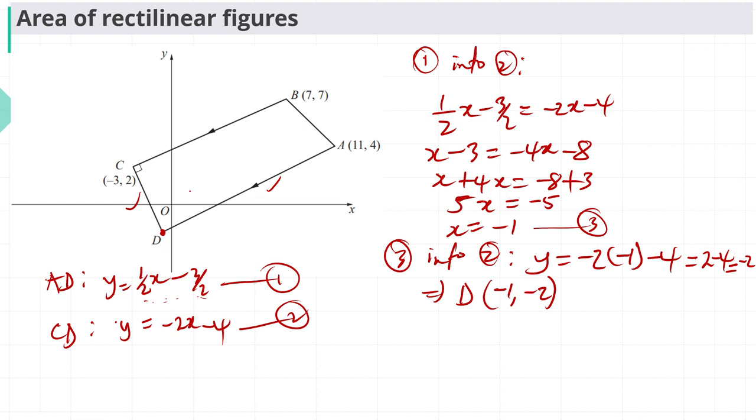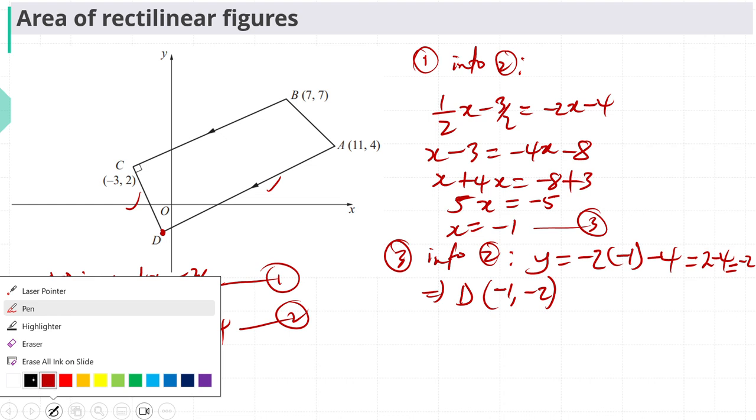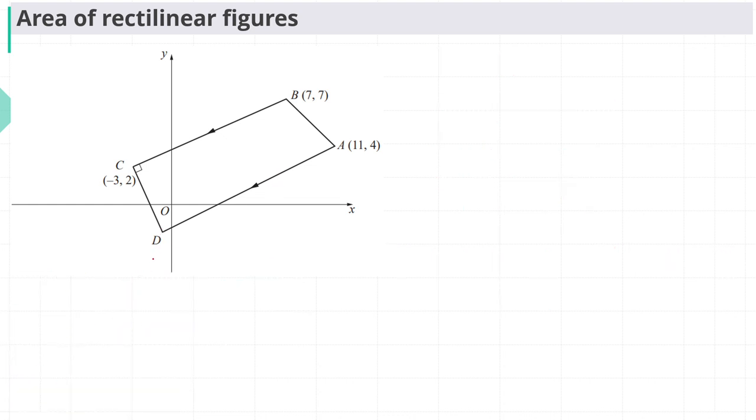Now we can proceed and find the area of the figure using the shoelace method. Found the coordinate of D, minus 1 comma minus 2. So area of the figure ABCD is half multiplied by the absolute of.